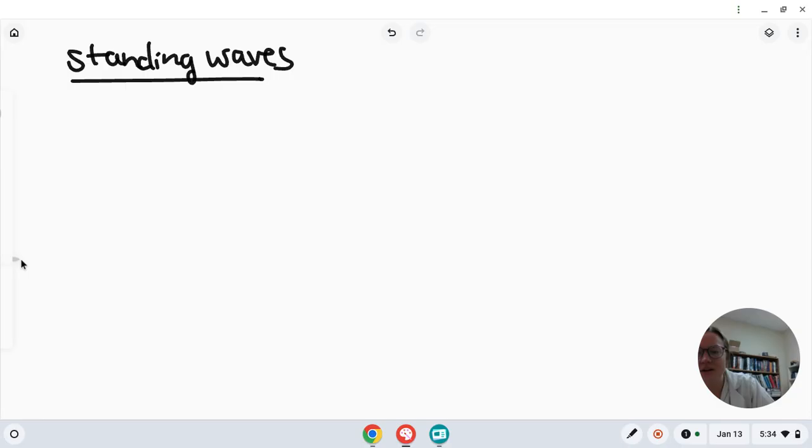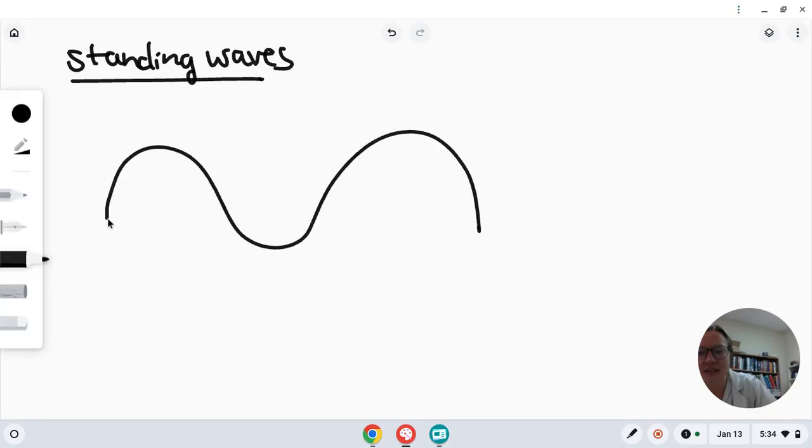Here are the parts of a standing wave that you need to know. A standing wave looks sort of like this. This wave has these points on it where the wave is not moving at all. Then the wave oscillates back and forth at each of these loops.